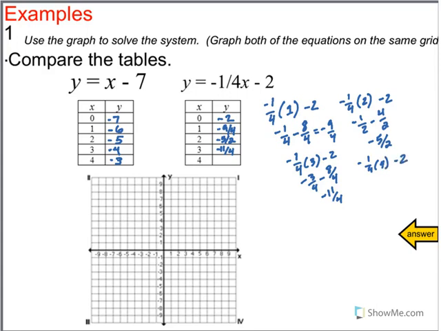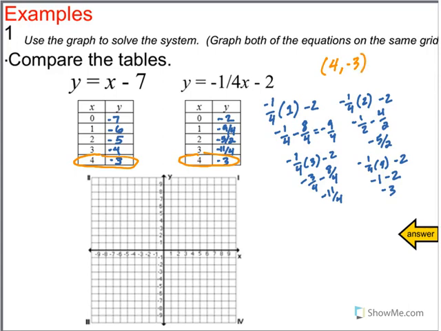Well, -1/4 times 4 is -1, minus 2, and that would be -3. So I've got my points there. What you see is that in the tables, the point (4, -3) occurs in both. So my solution, based off the tables, is (4, -3).